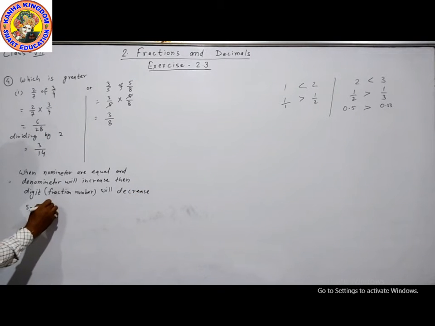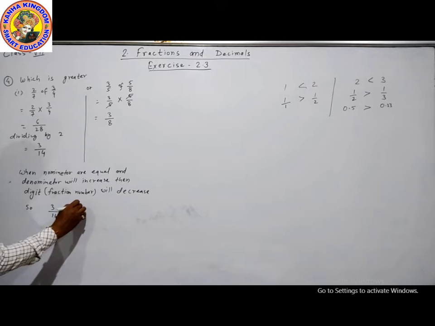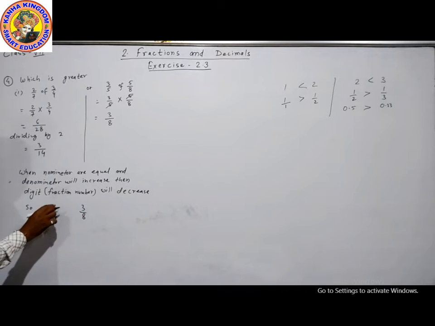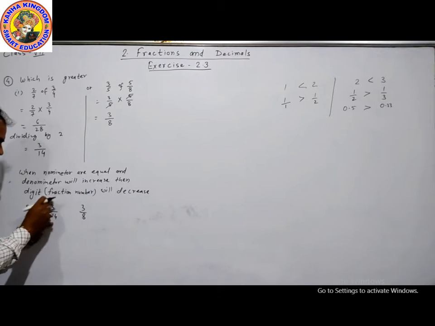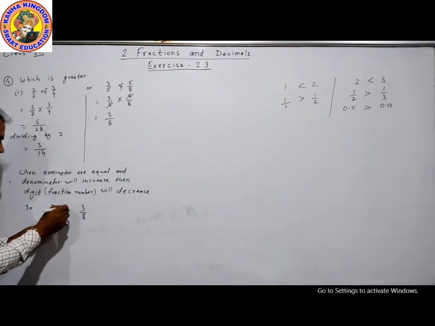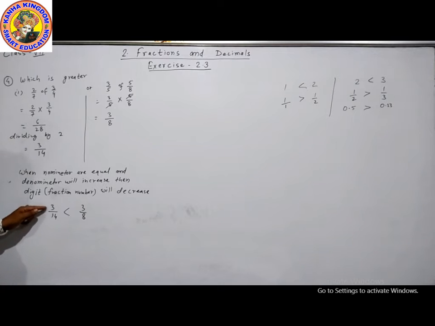So 3 by 14 and 3 by 8: the numerator is equal, so the denominator will increase. 14 is the greater number, so the value will decrease. So 3 by 14 is less.